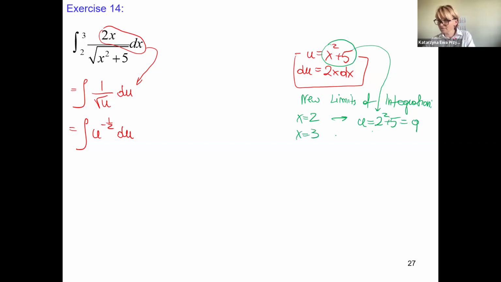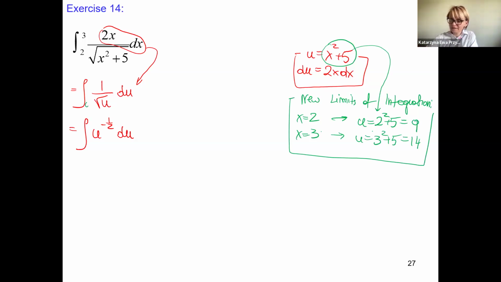And when x is 3, then u will be 3 squared plus 5. What is 3 squared plus 5? 14, I think. 9 plus 5, please check. Yes, thank you. That's when we can put them from 9 to 14. From 9 to 14. Okay, now we're good.